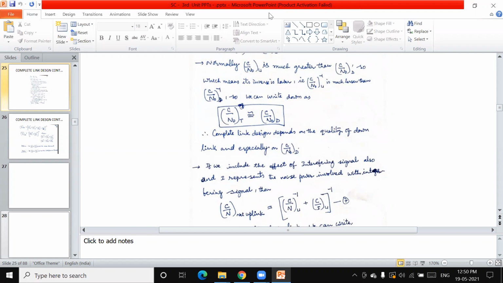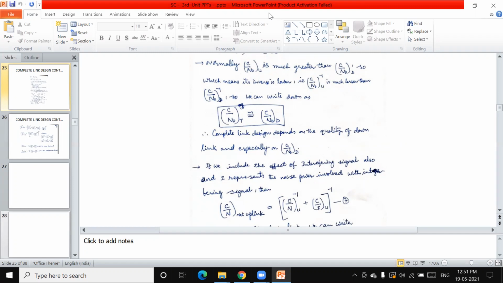Then you get the C by N naught equation and simplify it, and conclude that B can be neglected, since the B value is very much lesser than C by N naught D and C by N naught U.